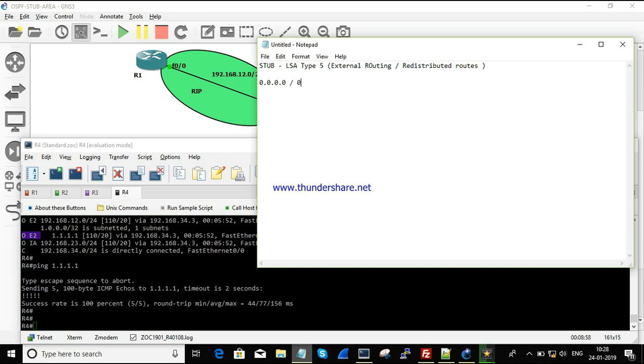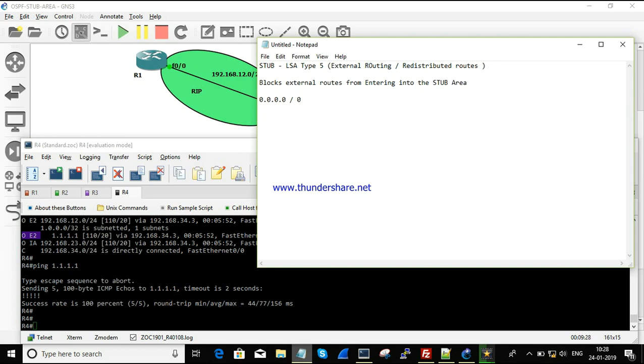So this is what a stub is: it blocks external routes from entering into the stub area.